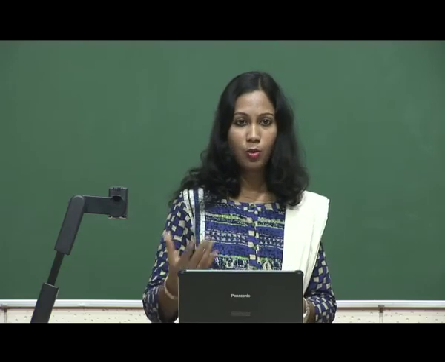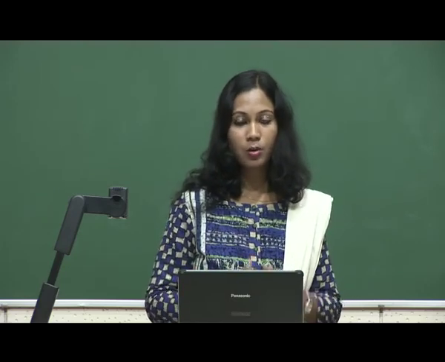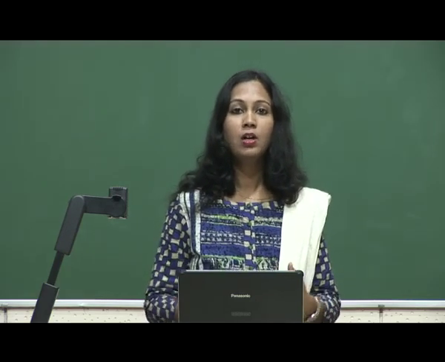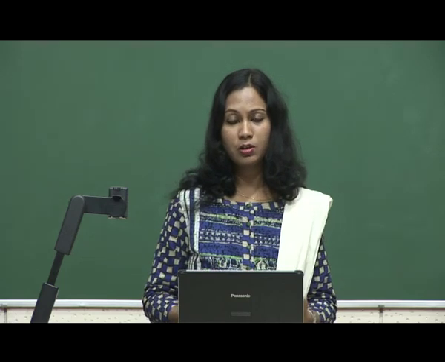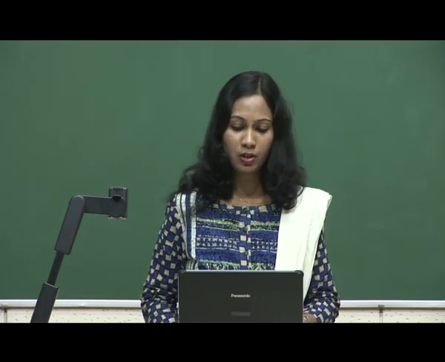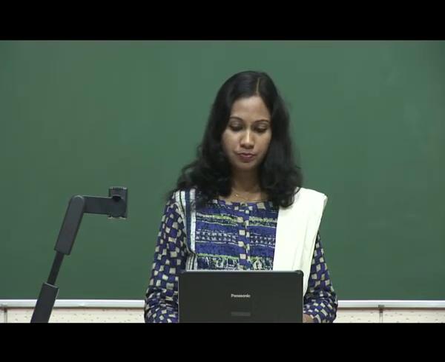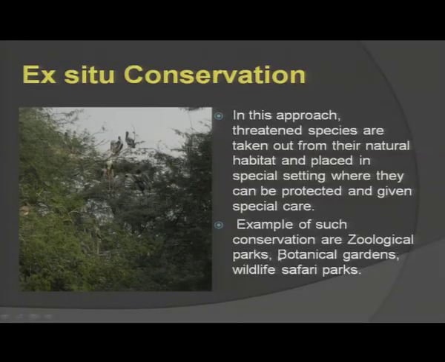So, they are taken out of that particular area and protected under certain special settings where they can be given the resources which are required for their survival. Examples of ex situ conservation are zoological parks, botanical gardens and wildlife safari parks, which you all are well familiar with.